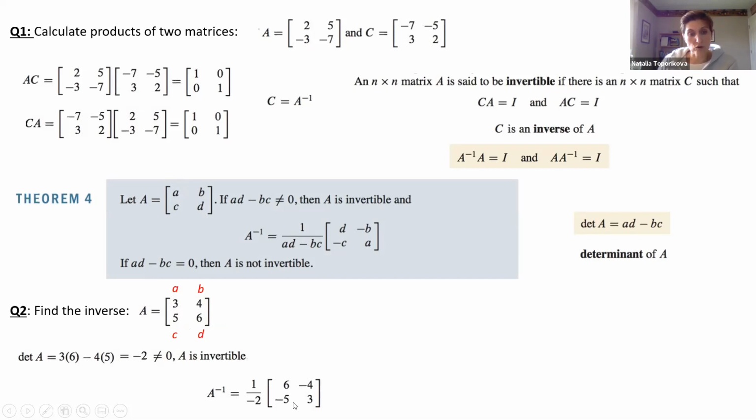The right diagonal elements we just multiply by -1. Now we have a matrix which we multiply by a number, so the easiest way to proceed is to distribute 1 over -2 over every single element of this matrix.